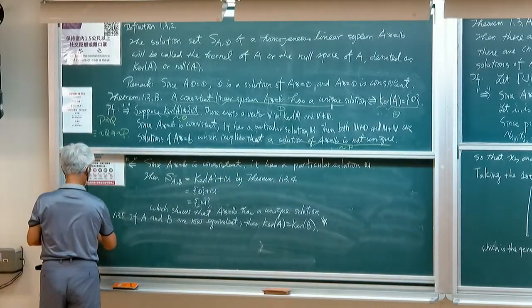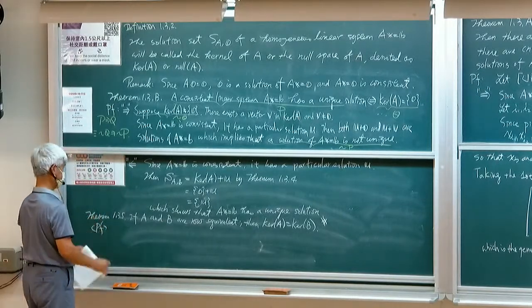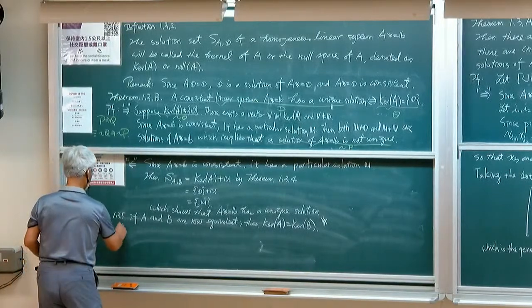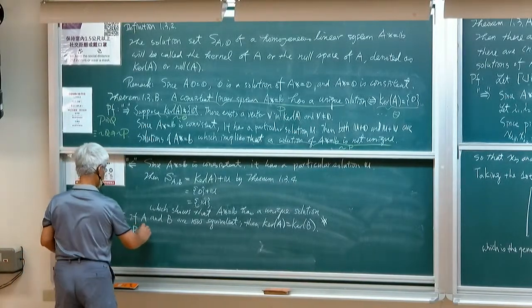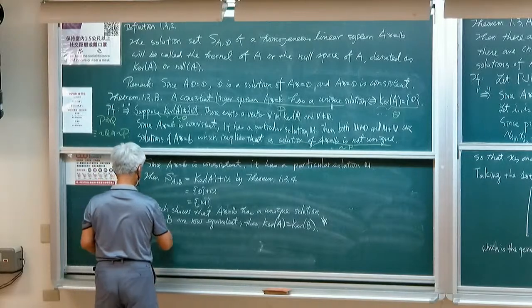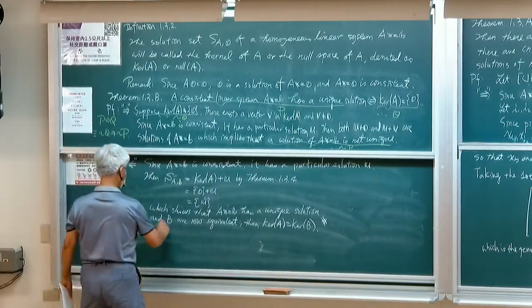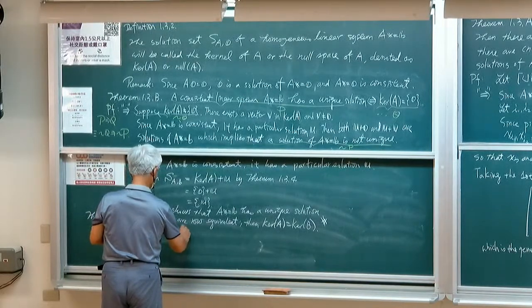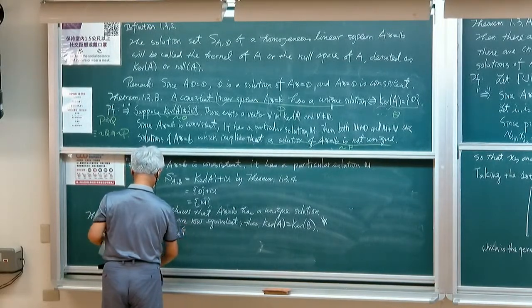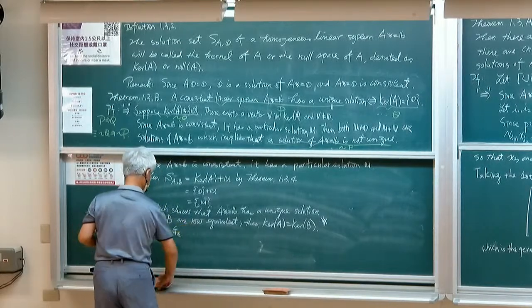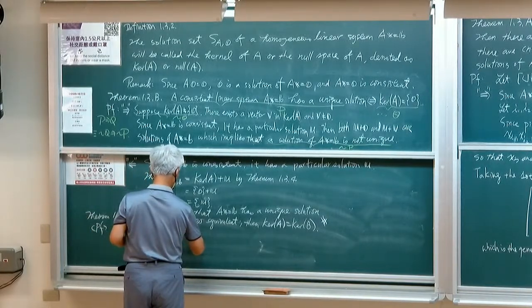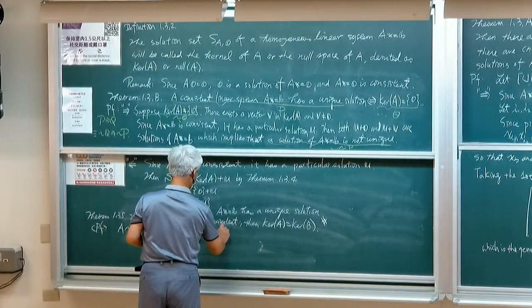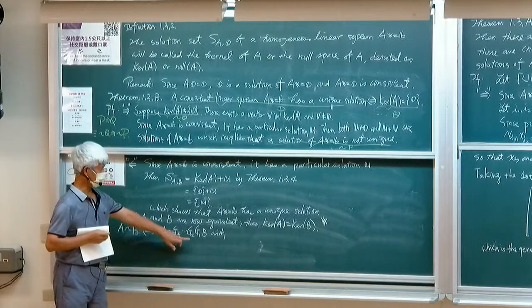Proof. A is row equivalent to B if and only if A can be obtained by a sequence of elementary matrices, okay?